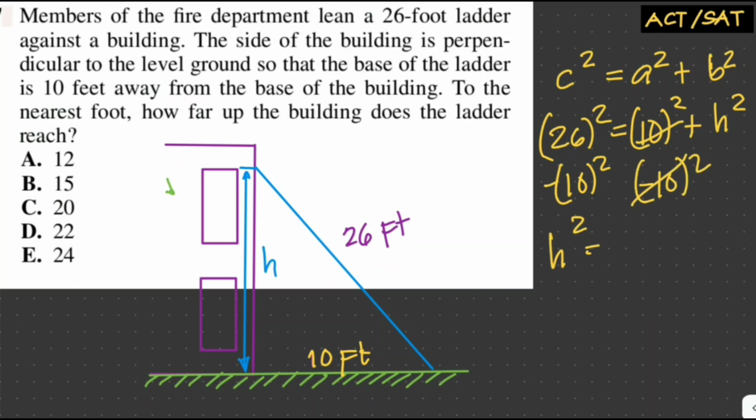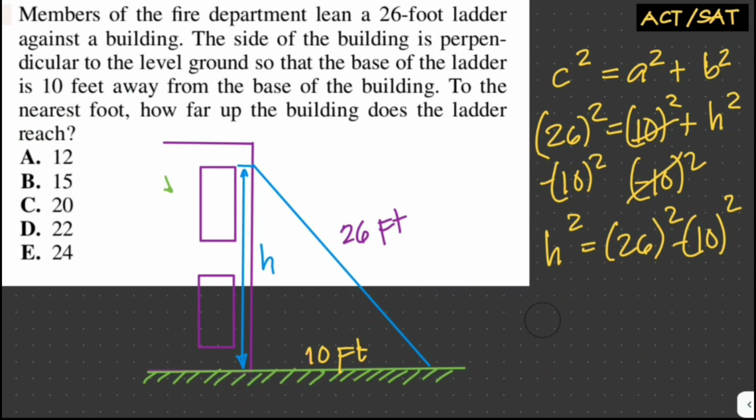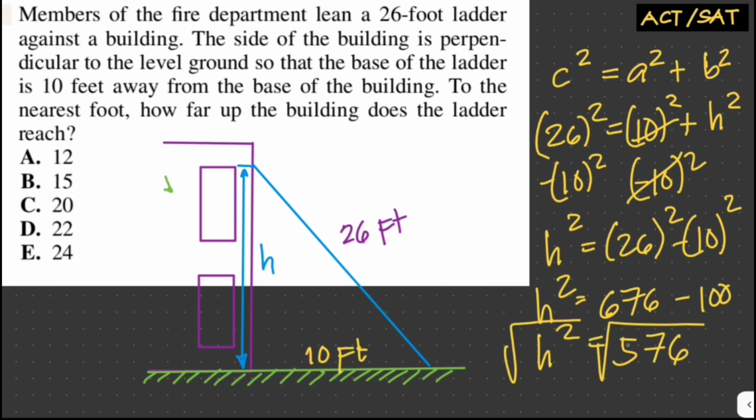Now our h squared is just equal to 26 squared minus 10 squared. So 26 squared is just equal to 676. So we have here h squared equals 676 minus 100. So this is just equal to 576, and then we get the square root of both sides. Therefore, the value of h is just equal to 24. So our answer here is letter E.